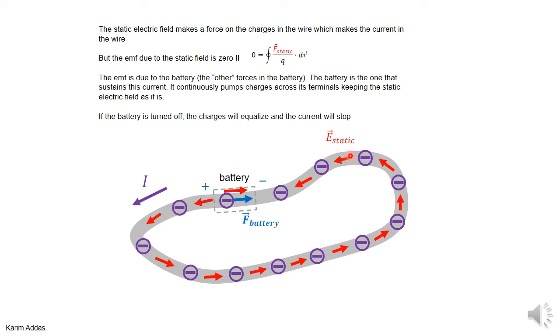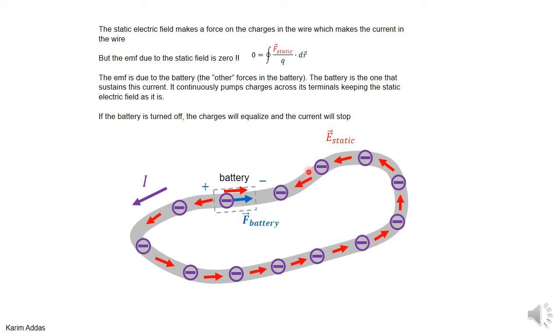It's true that this static electric field is the one that's making a force on the charges, that's why they move, but the static electric field is not a source of EMF in this closed loop, because when you take the integration of F static over Q dot dr around the closed loop, it's always 0. So the static electric field on its own can't produce the current. If you take out the battery and you just put a wire here, everything will die out, the current will die out.